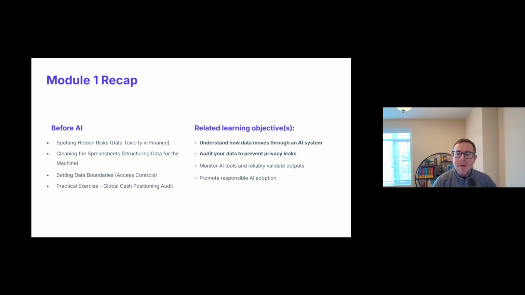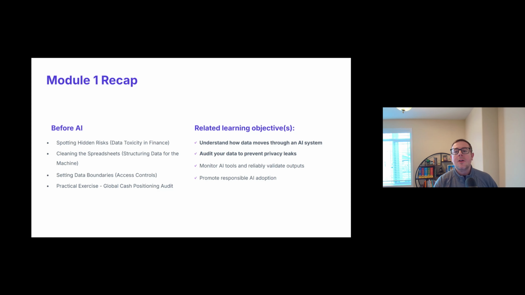We then moved into structuring data correctly. We saw how formatting changes the way that the AI looks at things, like merged cells or blank rows. It can break how AI interprets a data set. This directly ties to understanding how data flows through an AI system.